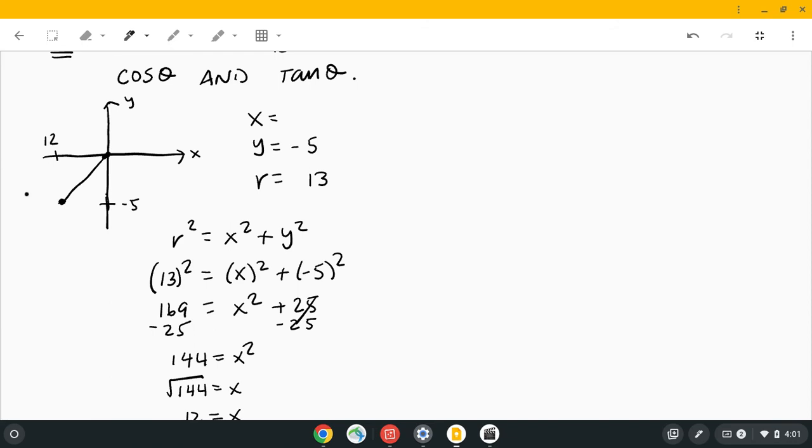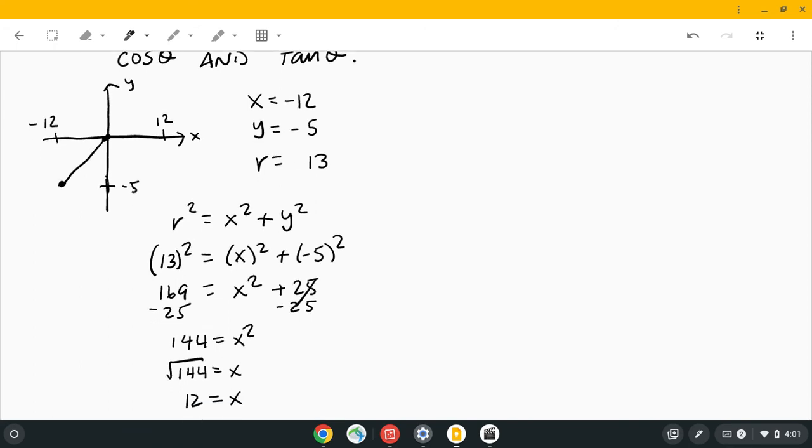The negative 5 makes sense because we're on the negative part of the y-axis, so that's correct. But this here needs to be a negative 12. And now that makes sense because positive 12 is over on this side. Okay? All right, does that make sense?